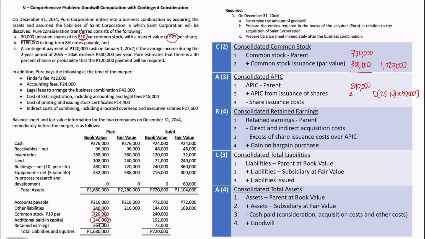That's 450,000. And then we deduct share issuance costs. That's 18,000 plus 14,400, 32,400. Hence, the consolidated APIC on the date of acquisition is 657,600.